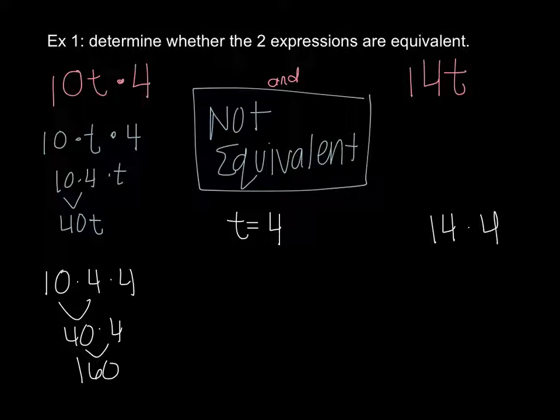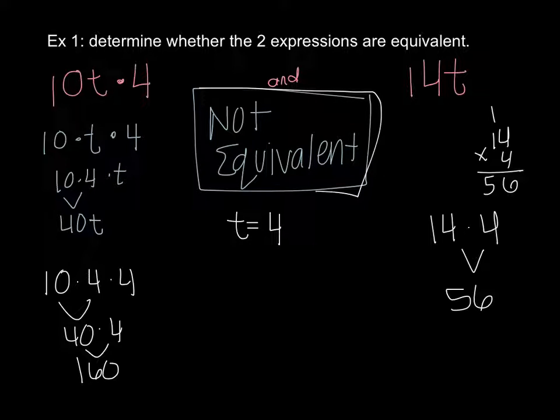Just substituting in. Oh, I'm not sure what 14 times 4 is. Let me do it over here. Okay, 56. So we got 56 when t equals 4 on 14t, and we got 160 when t equals 4 on the first expression. So again, we get to the same answer, that these two expressions are not equivalent.